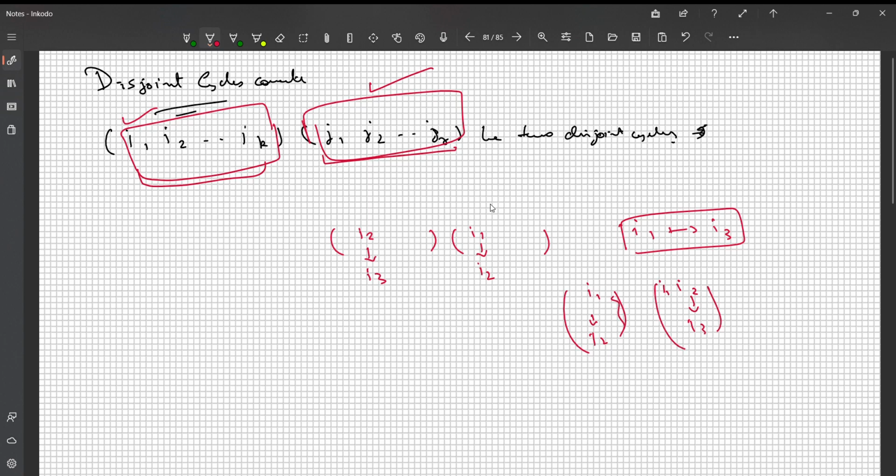But if you invert the order, suppose i1 goes to i4 instead, then the multiplication will be different. Let me consider a more specific example to make this understood.